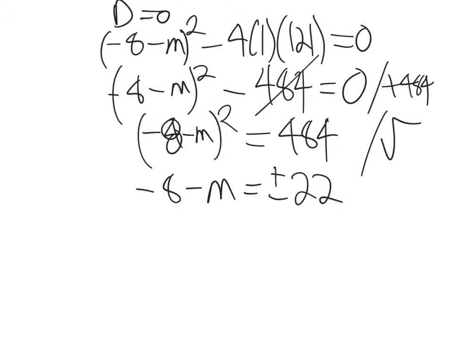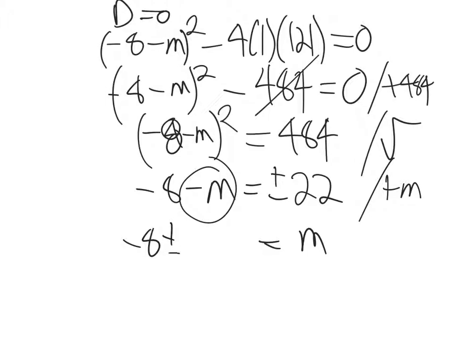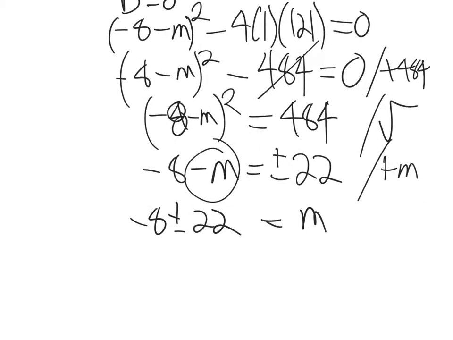So this is a bit of a weird one, right? Because I don't want to have to divide by negative 1, what I can do is add m to both sides. So that brings the m over here. And then I'm going to have negative 8 plus or minus 22. Because when I add, I've got to get rid of the negative.